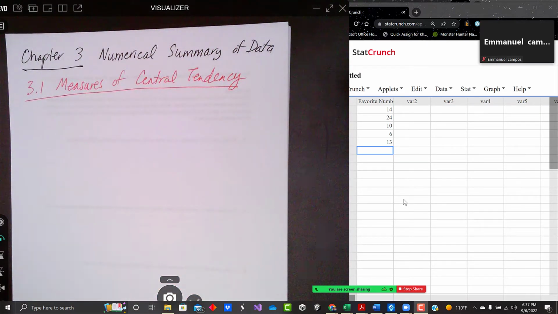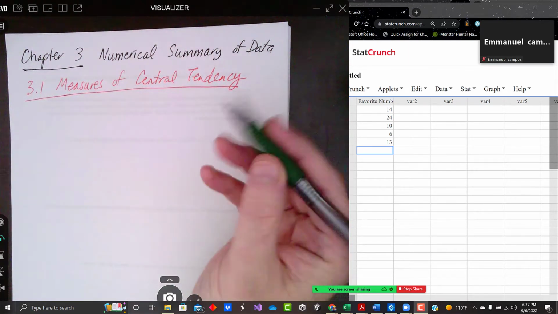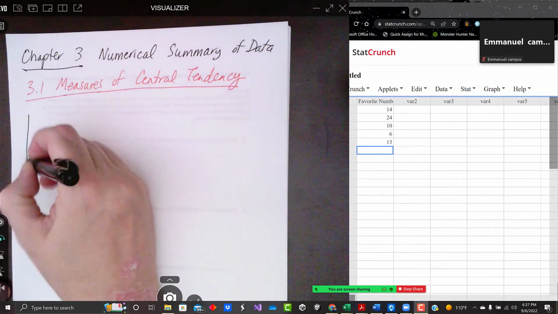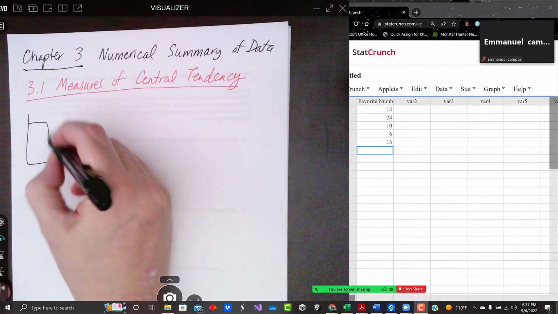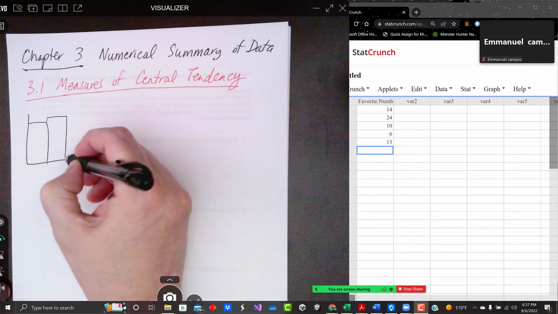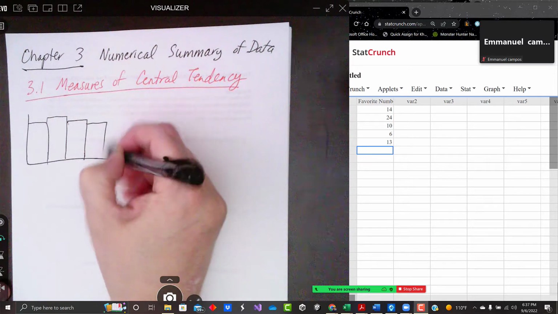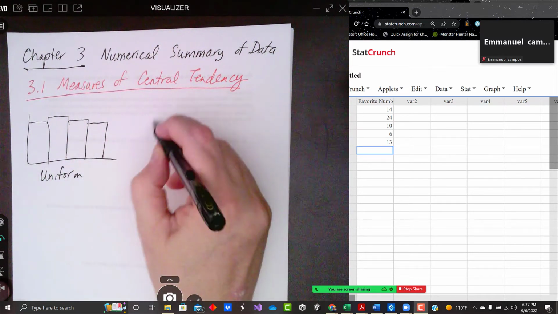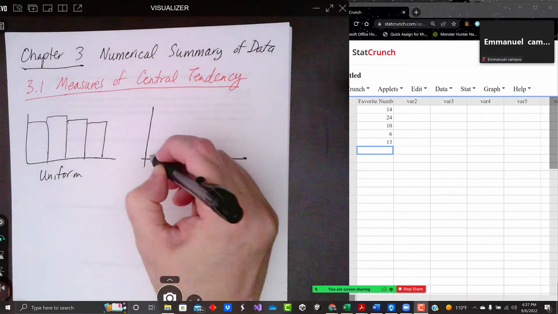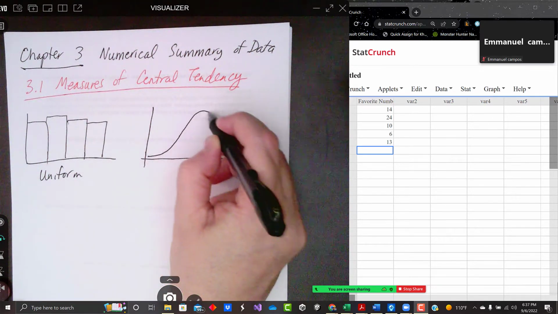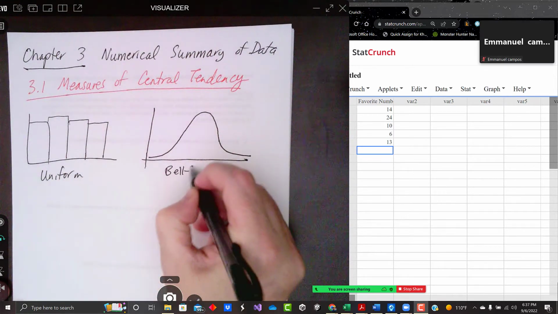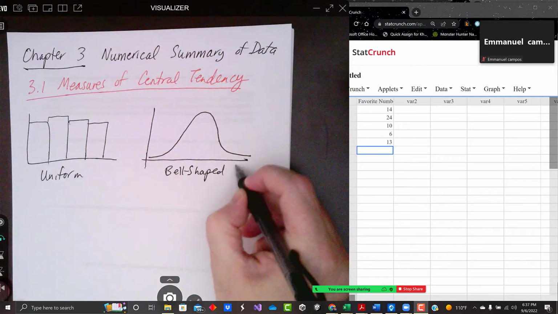So we talked about last week 4 different kinds of graphs. We had our graph that looked somewhat uniform, our uniform graph. We had our bell curve, or bell-shaped curve.